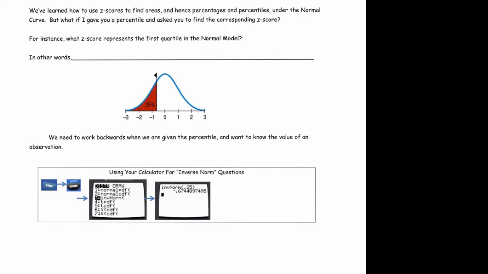So if I said what z-score represents the first quartile in the normal model, what I'm basically asking is what z-score represents the 25th percentile. That's what the first quartile means.